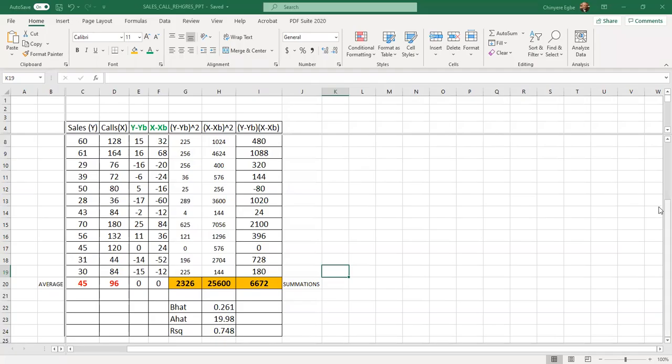Are you seeing my screen now? Are you seeing my screen for the sales call? Very good. You can see B hat, which is the estimate of B.